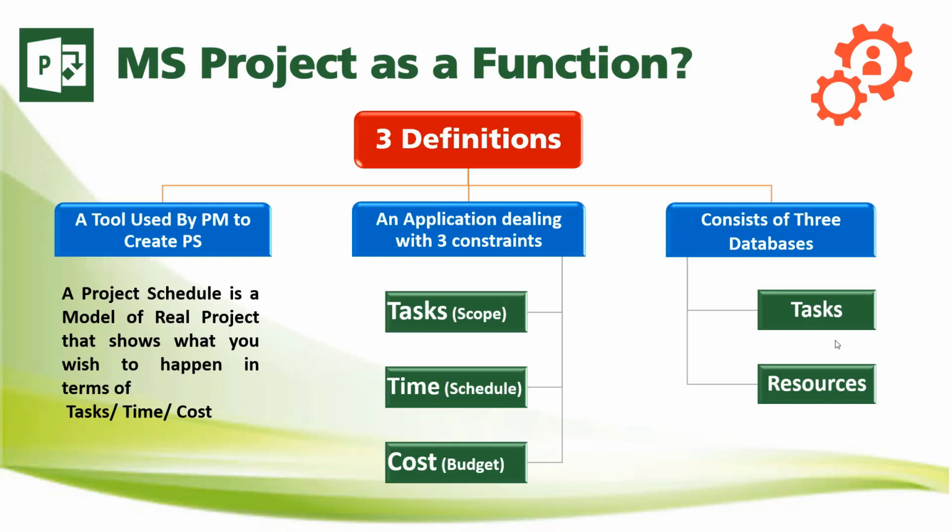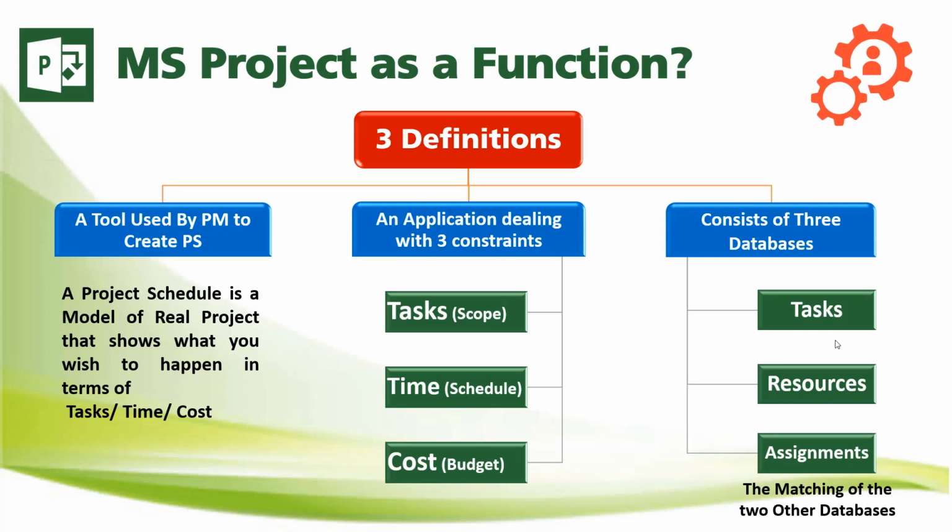Tasks are activities that need to be completed for the entire project to reach its final goal. We call it the deliverables. And resources are people, material, or equipment needed to perform these tasks. The matching between the two databases, the task and the resource databases, is called the assignment database. Who will be doing what?